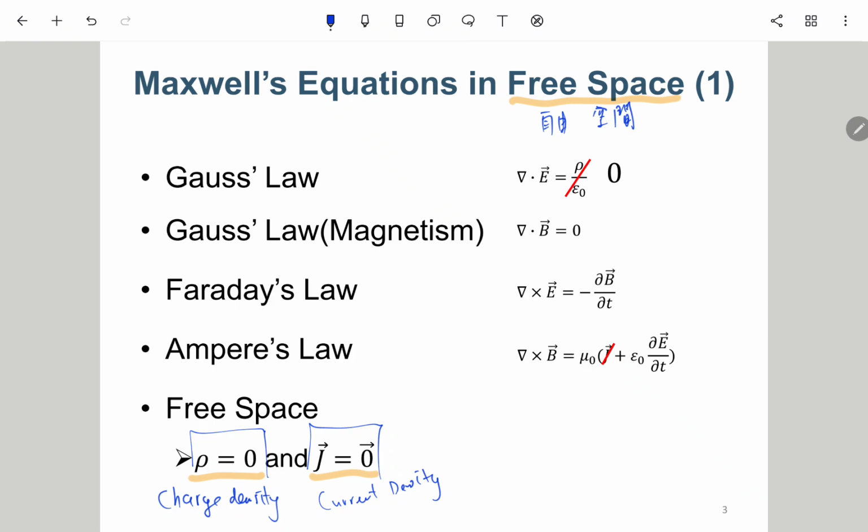So it means that for free space, there is no source.